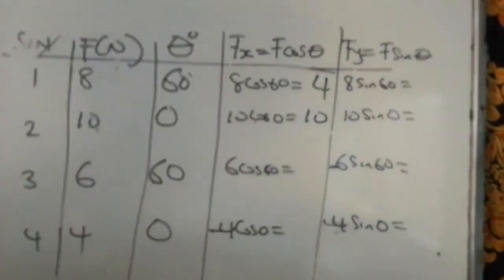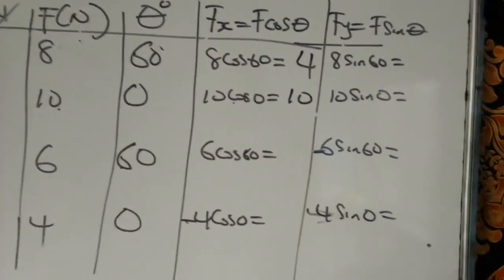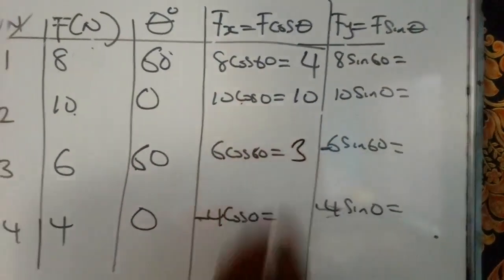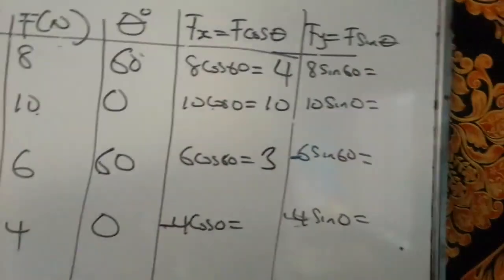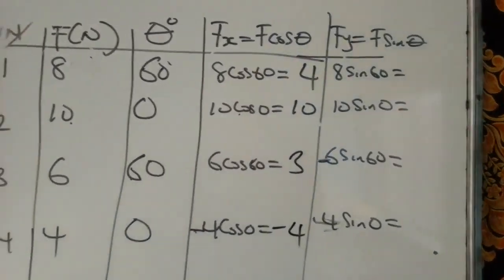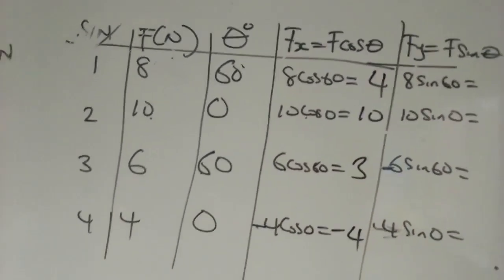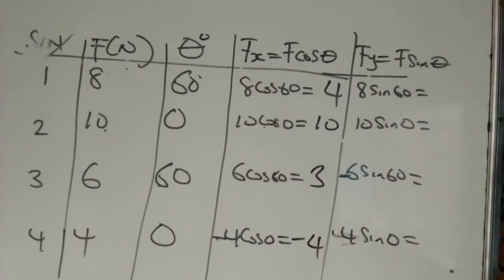Then 6 cos 60 will give us 3 because cos 60 is also 0.5. Then minus 4 cos 0 gives us minus 4 because cos 0 is 1. Having done that, we now solve the other side.